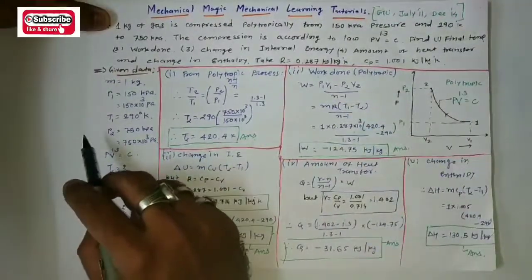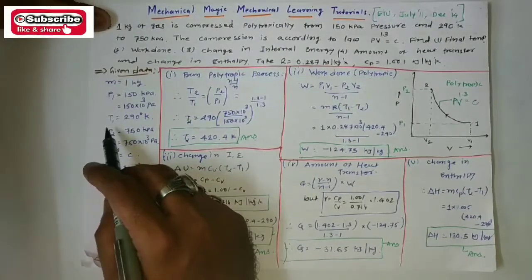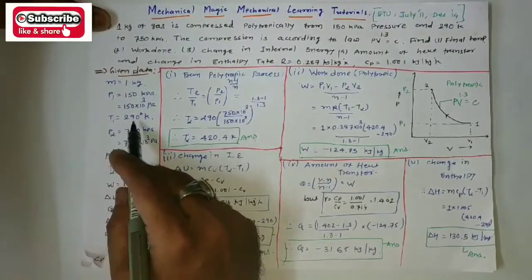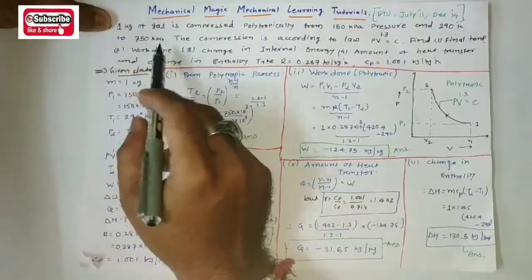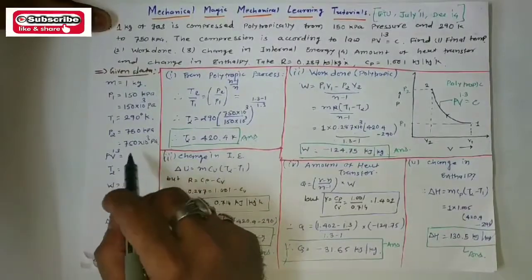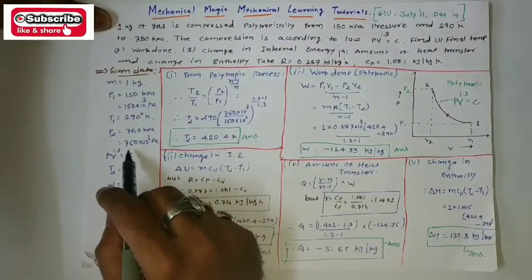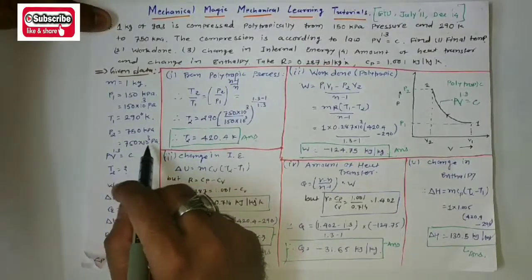Here the temperature is directly in Kelvin, so T1 equal to 290 Kelvin, to 750 kilopascal. So P2 is 750 kilopascal, which should be converted into pascal, so 750 into 10 raised to 3 pascal.